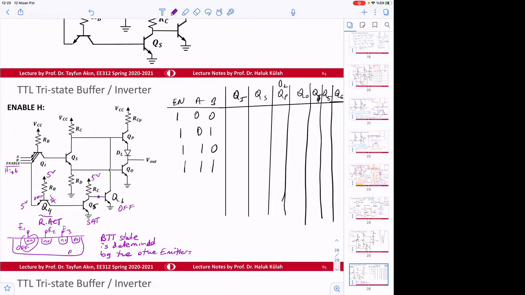So in fact, here this is reverse active, this one is SAT, and this one is off. This will be the case for all of them.